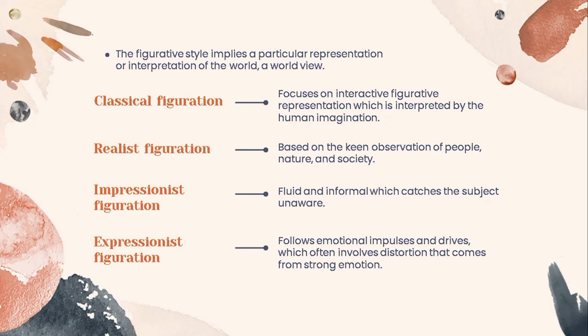So just like, for example, abstract paintings, right? Abstract paintings don't necessarily have figures, since it is more about emotion, or a feeling that a painter wants to express. In Expressionist Figuration, however, it follows emotional impulses and drives, which often involves distortion that comes from strong emotion.